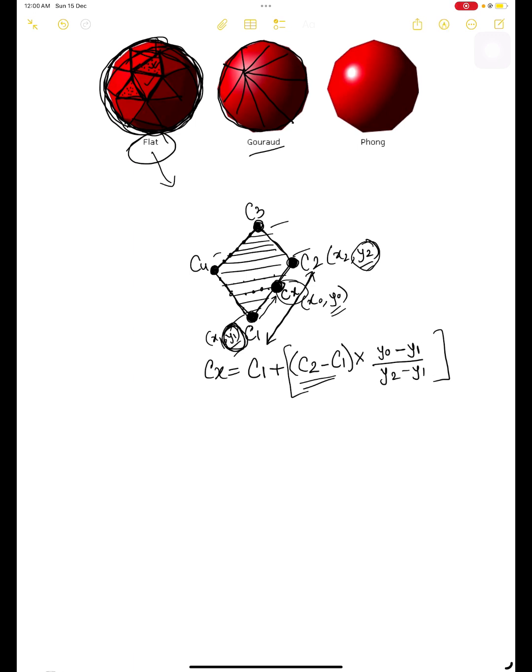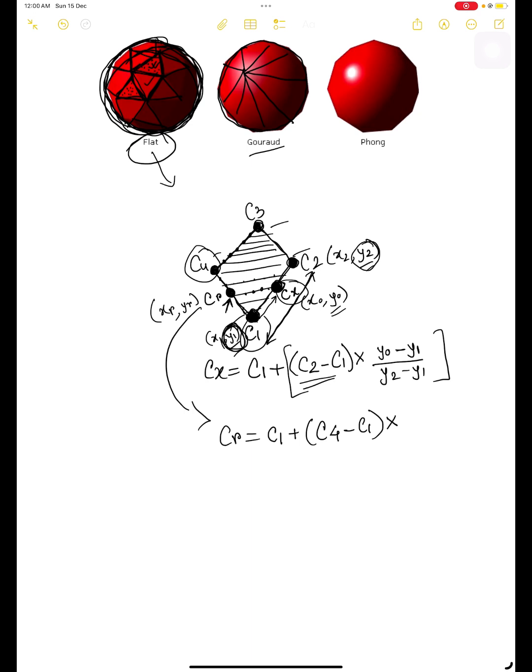And using a similar method, we can even find the color of this point right here, which we can name CR. If this is CR, again, the color that will be assigned to this point on this edge will start from this C1. So we have C1 here plus the difference, which is C4 minus C1. And from there, we take the proportion of our y coordinates, which is, we can name the coordinates as XR and YR for CR.